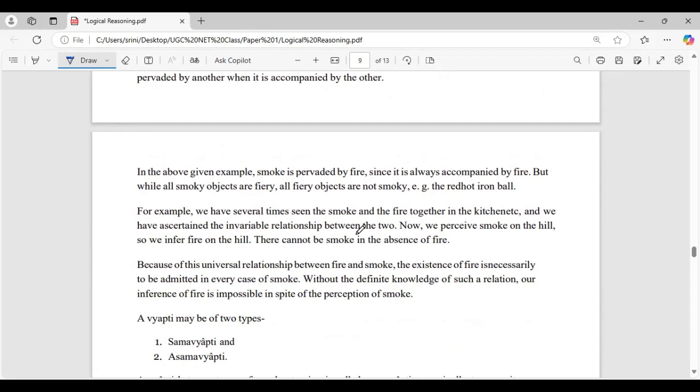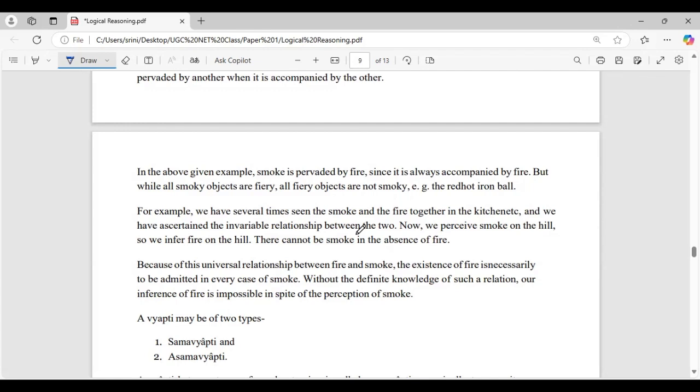Since smoke is always accompanied by fire, all smoky objects are fiery, but all fiery objects are not smoky, for example, the red hot iron ball. We have several times seen smoke and fire together in the kitchen, etc., and we have ascertained the invariable relationship between the two.